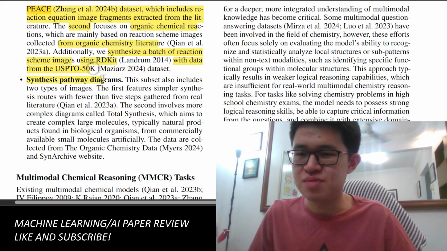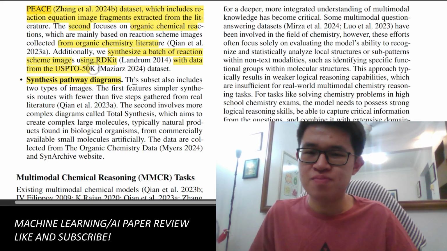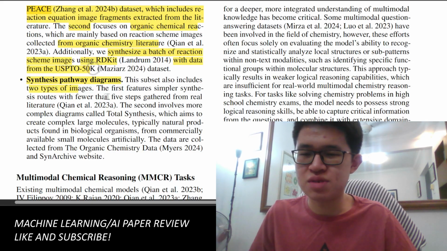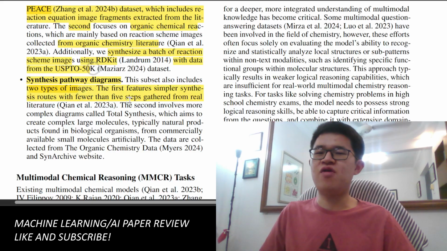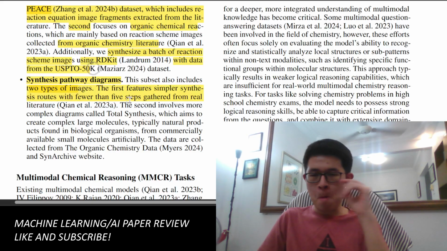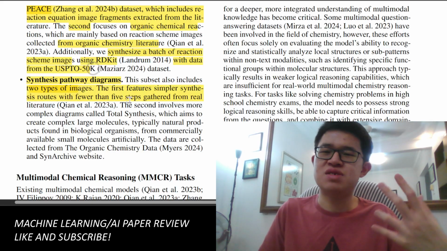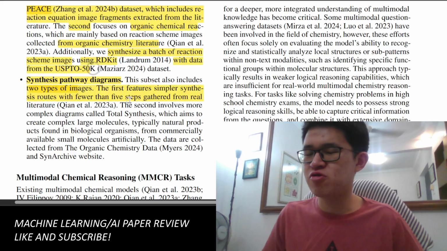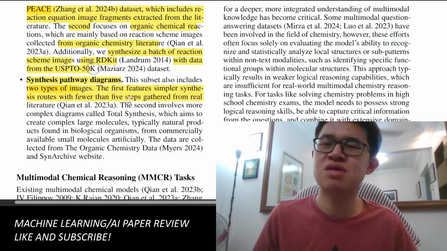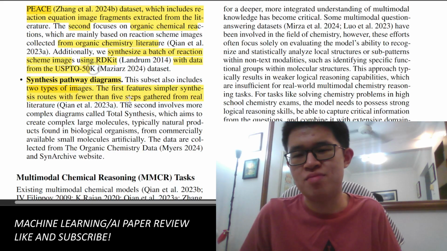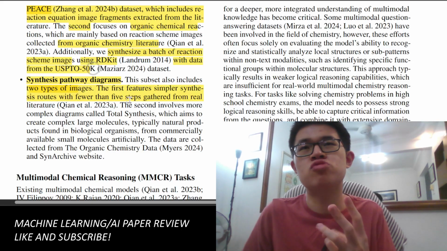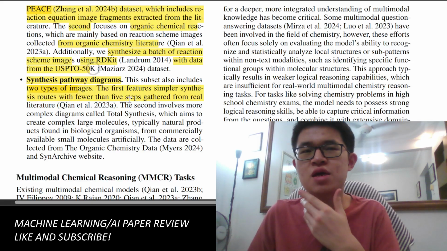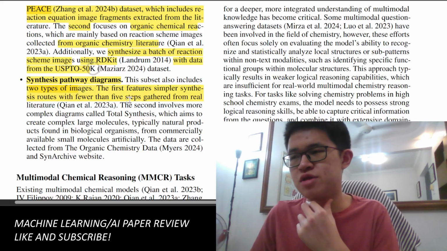And lastly, the synthesis pathway diagrams. This includes two types of images. The first one is simple synthesis routes with fewer than 5 steps. A synthesis that requires fewer than 5 steps would probably be something like the synthesis of aspirin, which I think only requires 2 to 3 steps, depending on what you have.